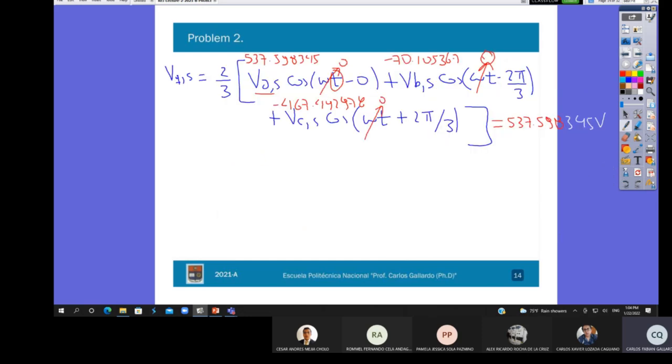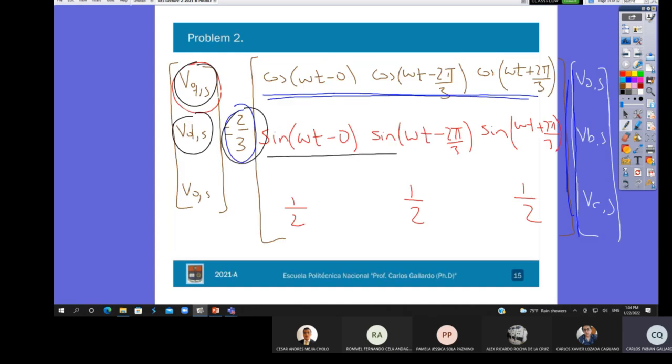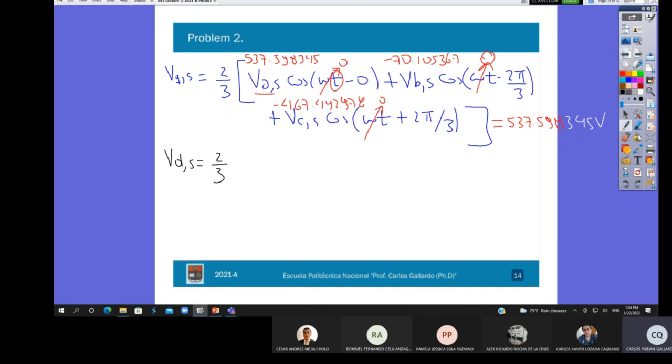Okay, so for the second term, for the direct axis voltage, 2/3. So I will have 2/3 this row times this column, right?